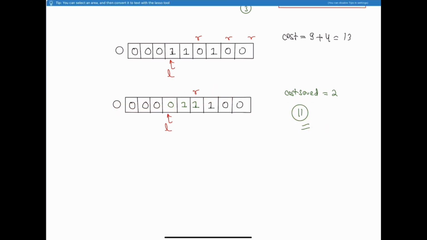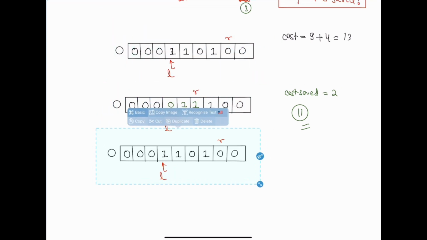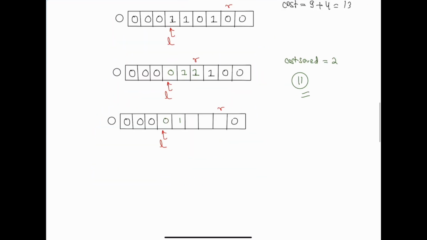Okay, let's say if our R was here, okay, if this was our R, then how will our string look? It's going to be 0 1 0 1 1. Okay, but naturally we saved our cost over here because it's 0. Okay, but we are not able to save our cost at this end because there's a shift required from 1 to 0, right?